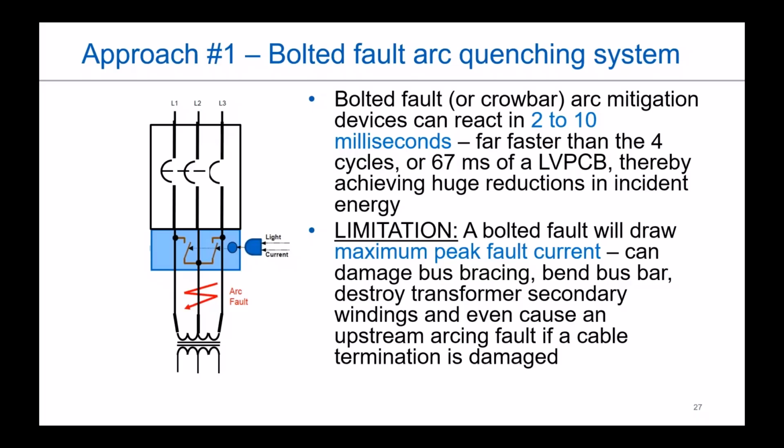You're going to see metal getting bent from the magnetic forces that occur when you have such a high fault. So while this does help and protect personnel, you're also potentially damaging your equipment, to where, okay, I mitigated the fault, but now I still have to do a full replacement of my gear.